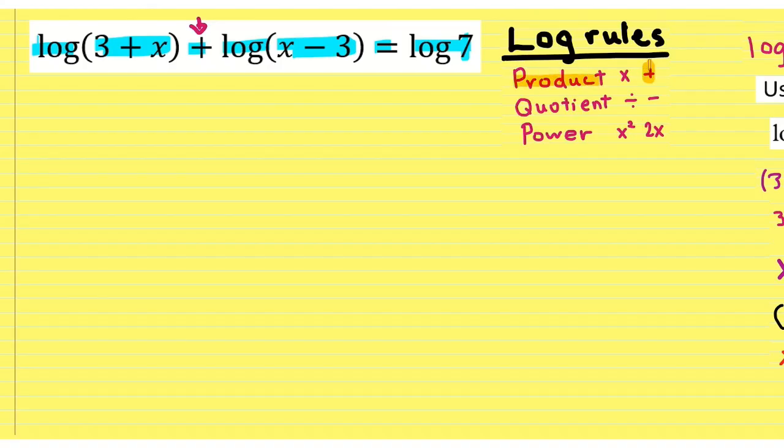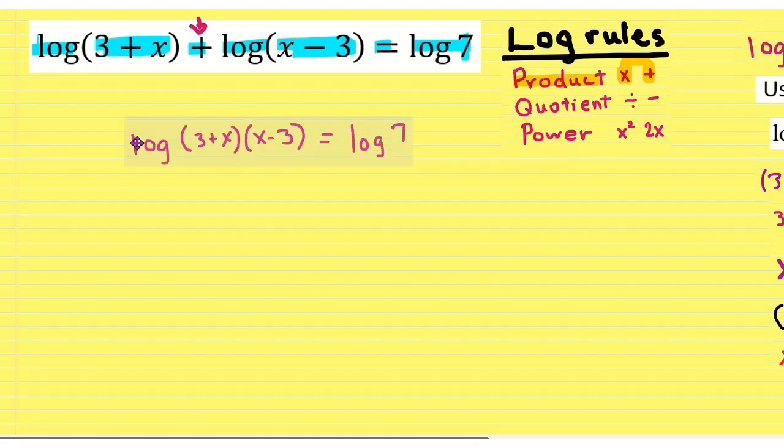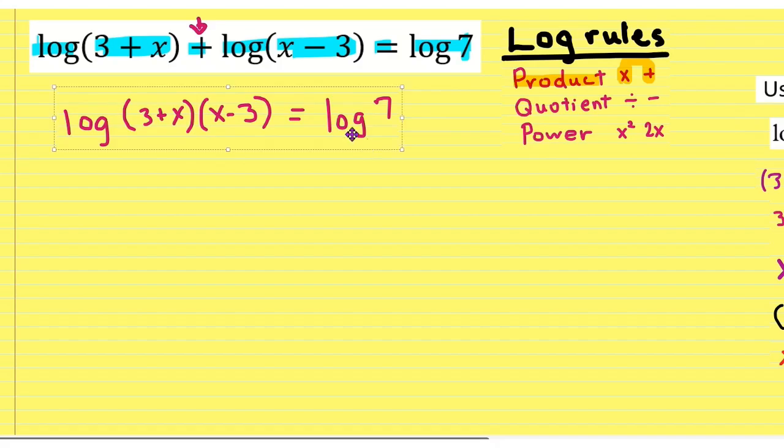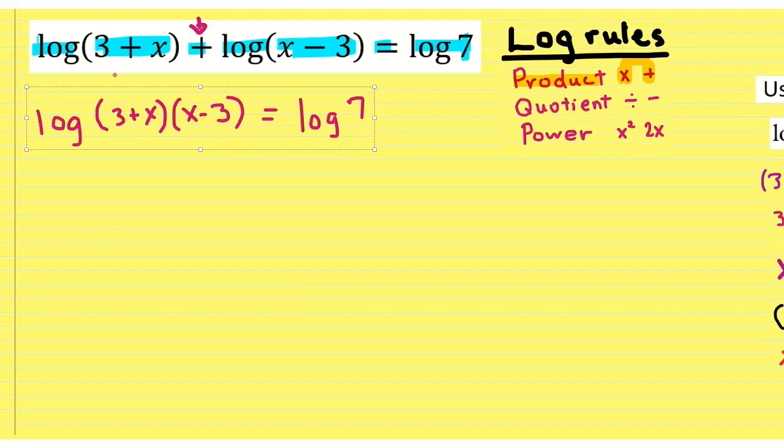If we have a sum, we can turn it back into a product. So let's see what that looks like. This was a sum originally, so now I can multiply this times this, and that becomes a product. Right there is 3 plus x, right there is x minus 3, and now they are being multiplied.